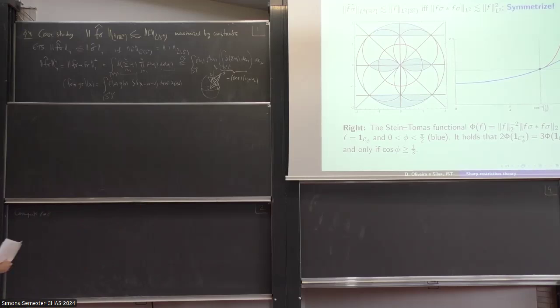So here's a better way to do it. Let's not use the Fourier transform, let's remain in physical space. We want to compute this down here. So we can pair it with a radial function on R3, integrate, and try to compute this.